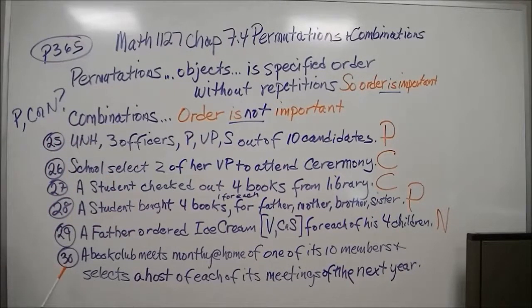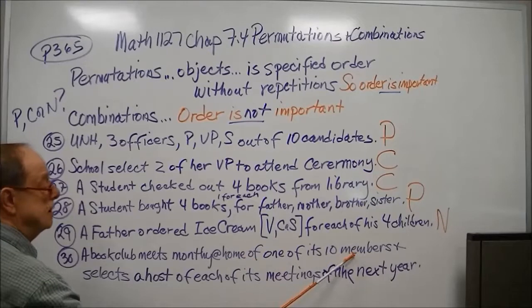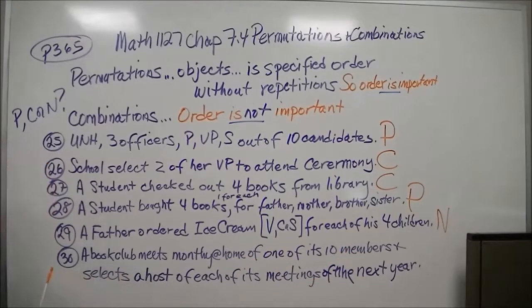And then for number 30, a book club meets monthly at the home of one of its 10 members. It selects a host for each of its meetings of the next year. So again, when I was working on these in the quiz bee part, I found some of these a little iffy.